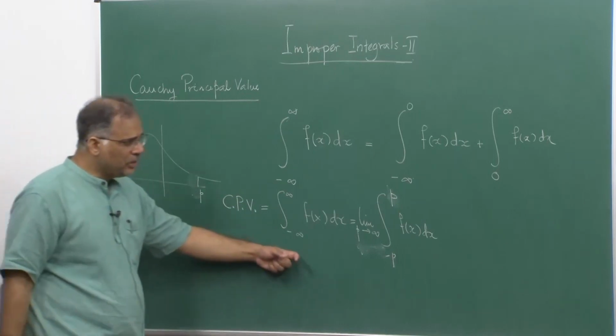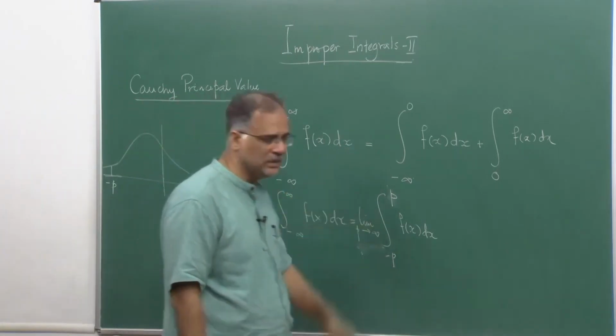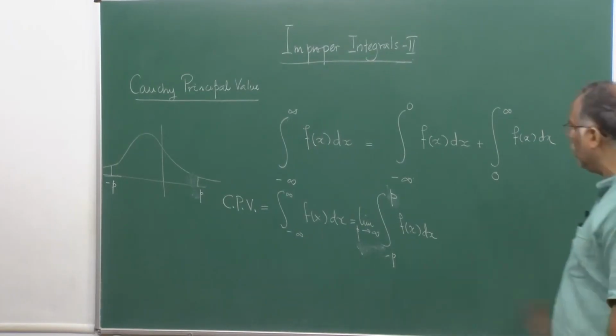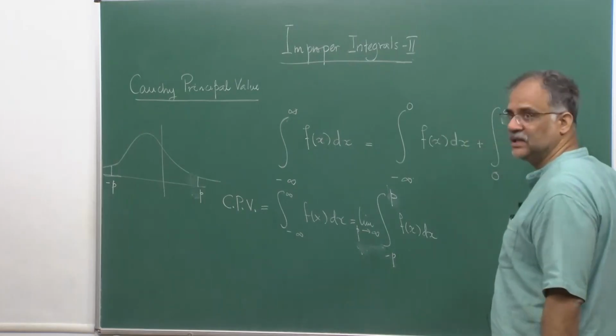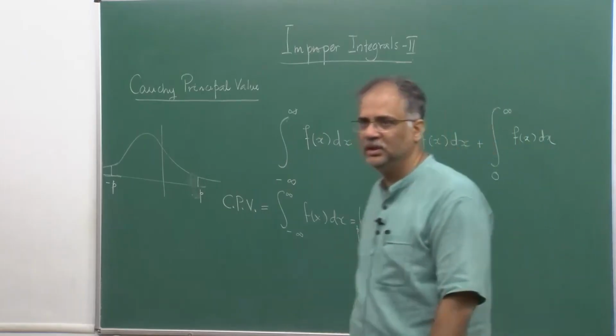A function existing in the Cauchy principal value sense may not exist in this sense. So the Cauchy principal value sense is a very different way of looking at the integral. Basically, when you have minus to plus infinity, then all integrals of this form must exist. It does not matter whether you have put 0 here or some number a.